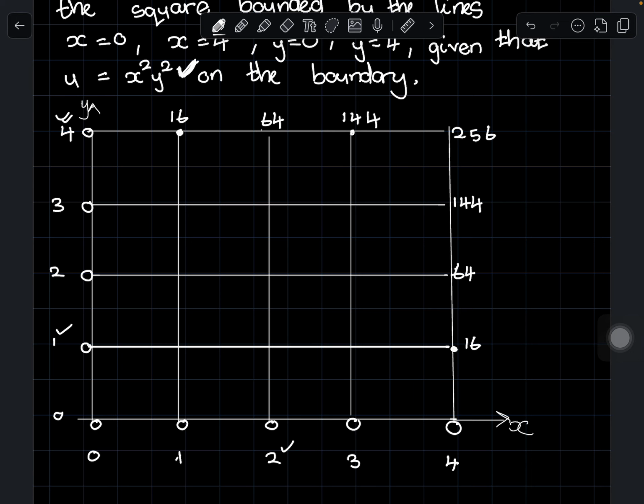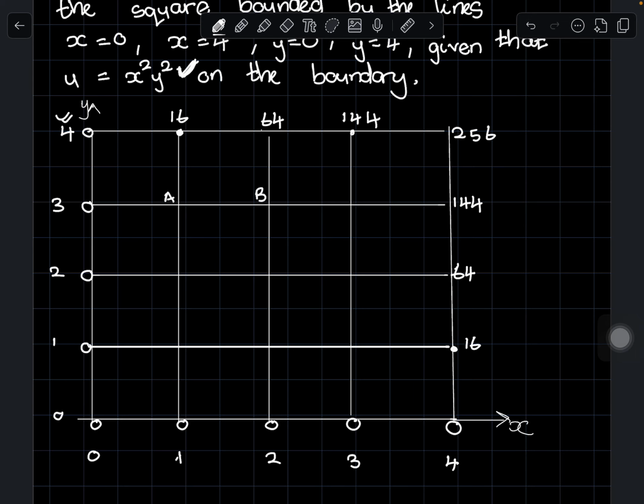The next thing we want to do is find the mesh points, the ones inside.